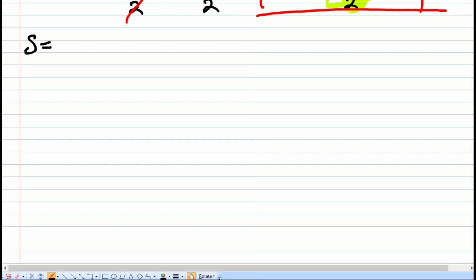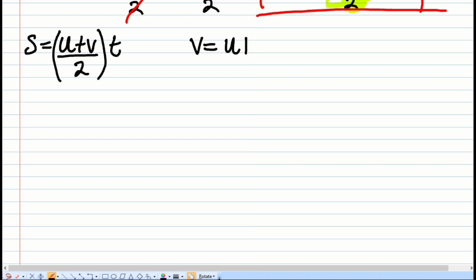We started from distance is equal to (U plus V) over 2 times T. This is the average velocity times time. And then we said that V is equal to U plus AT. This is from the formula of acceleration. We made V the subject of the formula.